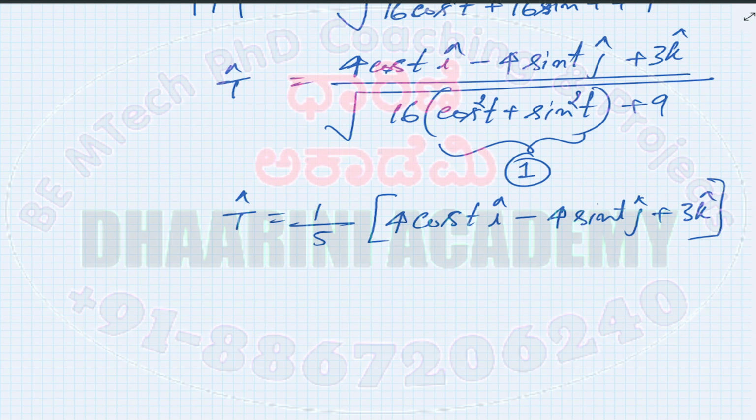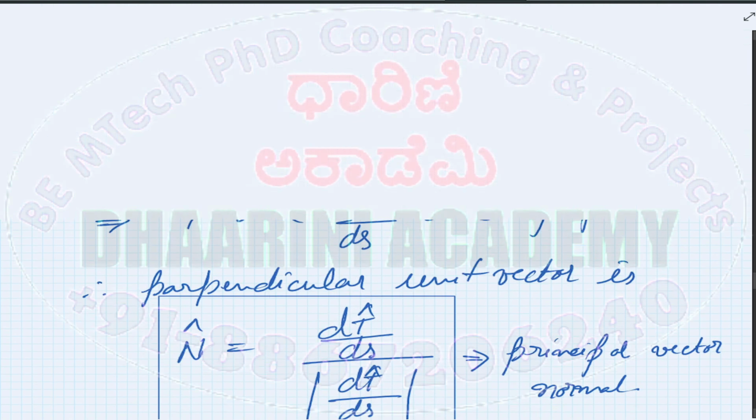Now, what do I need? I need the differentiation of this, correct? So my intention is like this. I need to calculate dT cap by ds, which is nothing but, let's go back and check the formula. We already have discussed that.